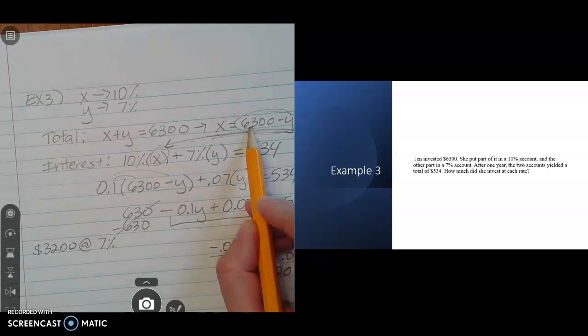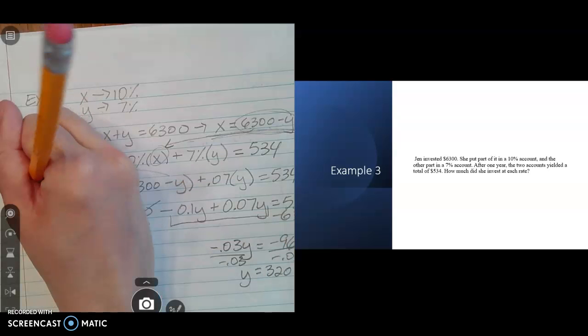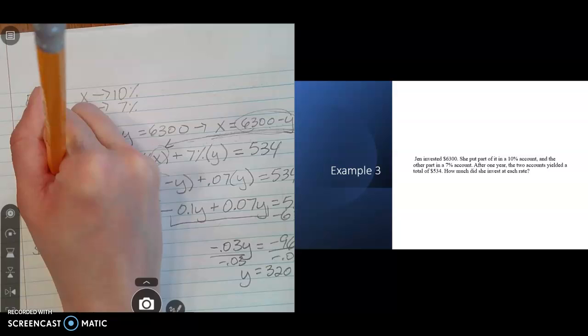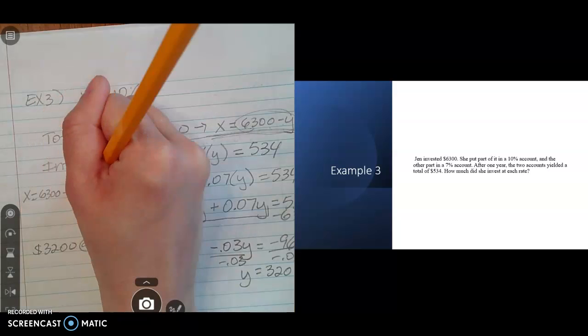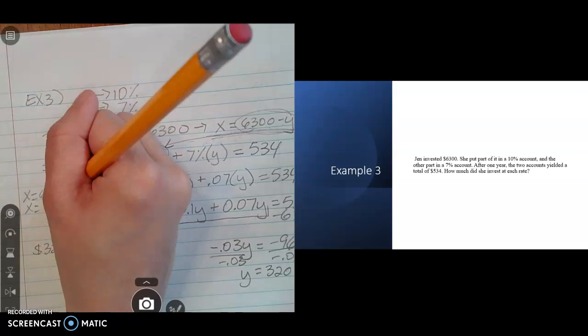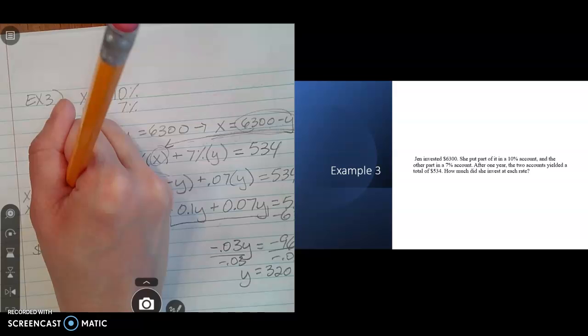x equals 6,300 minus y. So I'll use that and say x equals 6,300 minus y, which we just solved, and it's 3,200. So 6,300 minus 3,200 would be 1,200.